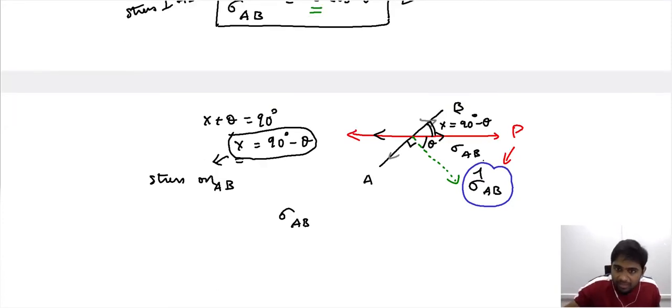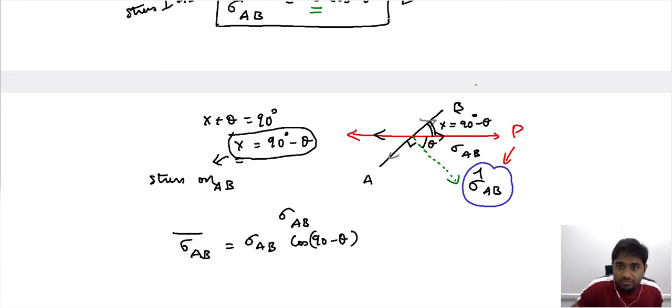So all that we then need to do is this. Let us use another notation, a different notation. The stress experienced along, so parallel to AB, is nothing but this, times cos of 90 minus theta. The same approach: we are considering the cos of the angle between one vector and another vector.